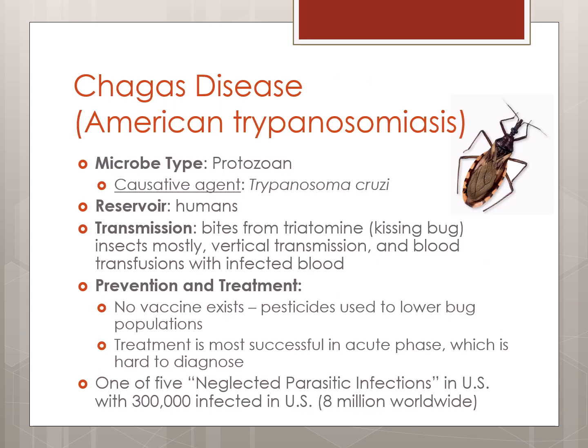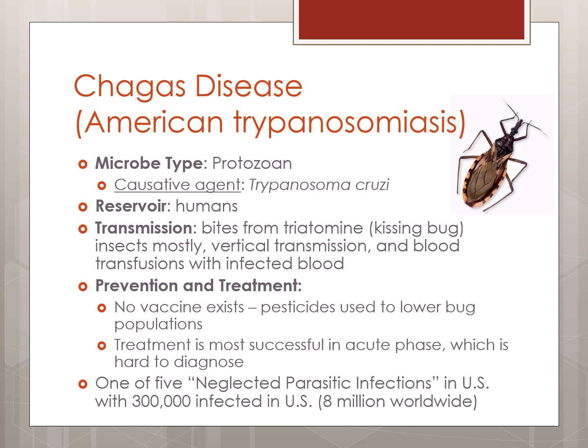All right, scooting right into Chagas disease, or American trypanosomiasis, which I think I said that right. We'll see. So the microbe type is a protozoan. The protozoan is called Trypanosoma cruzi, and it lives in, oddly enough, moving from the kissing disease to a kissing bug.